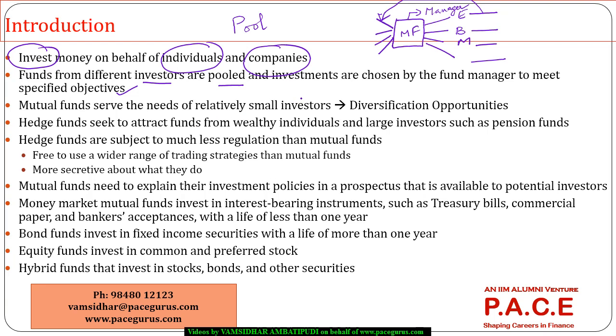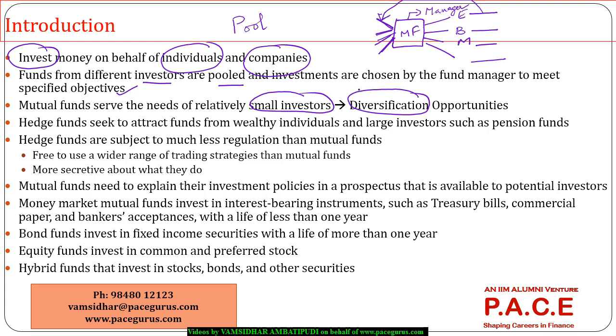So generally the mutual funds are more and more targeted towards small time investors who cannot directly invest all their money in multiple securities. They cannot diversify their investment because they have a very small pool of money with them. They cannot buy a portion of the shares. So which means they cannot diversify that easily if they are going as an individual investor.